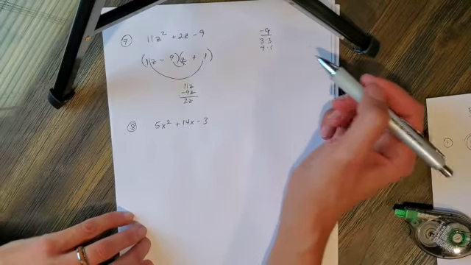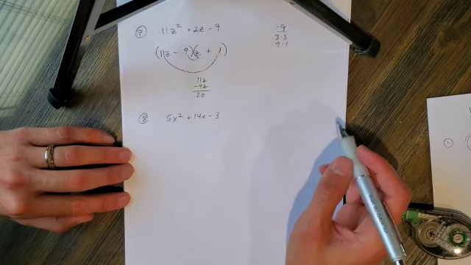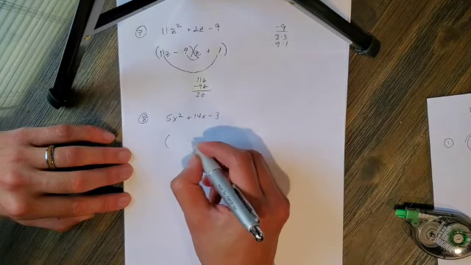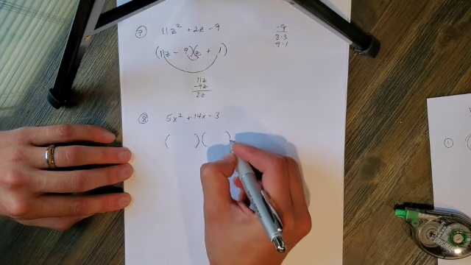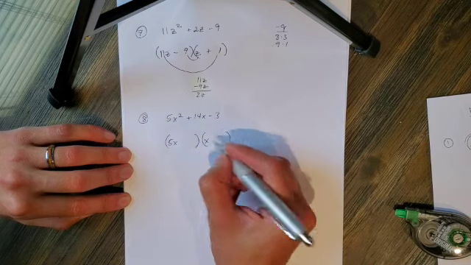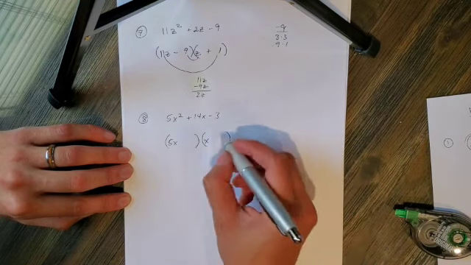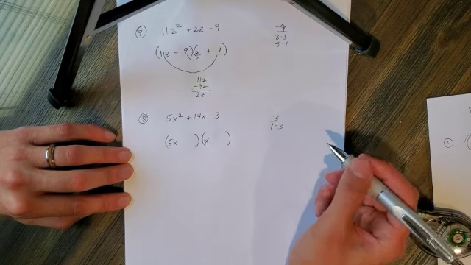Last one. Try it. Hit pause and then try it out. Okay, so let's go ahead and factor here. So 5x squared is going to be 5x times x. And then negative 3, well, that's easy. It's just going to be 1 times 3, but I need one positive, one negative.